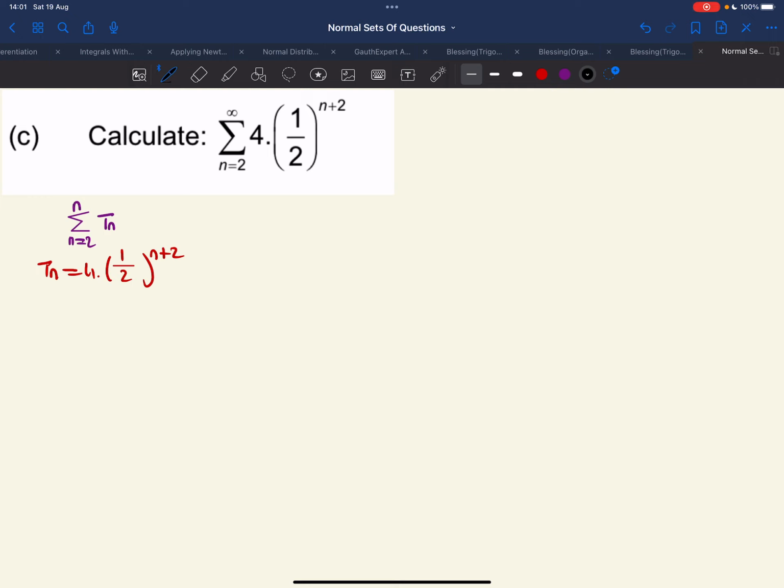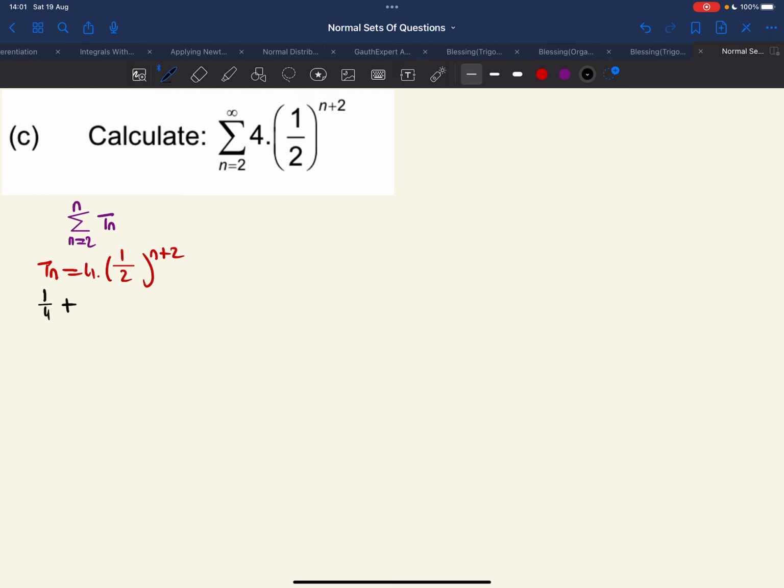We need to start from 2. Sorry, we get 4 times 1 over 2 to the power of 2 plus 2, you get 1 over 4.